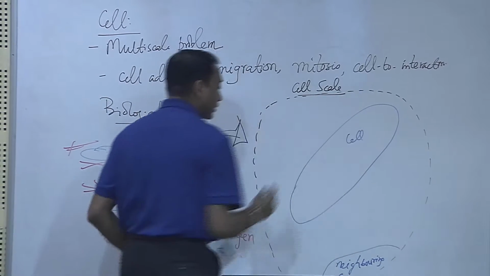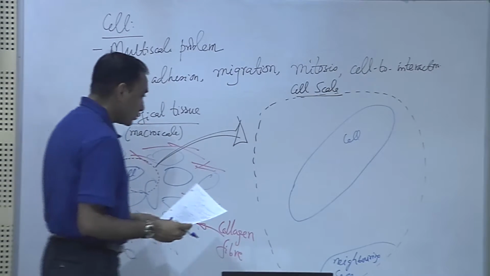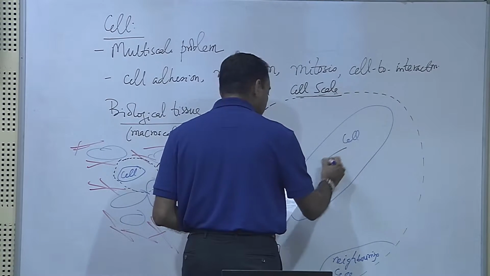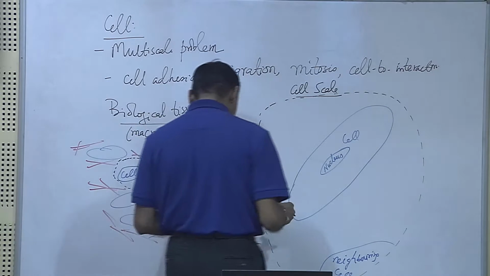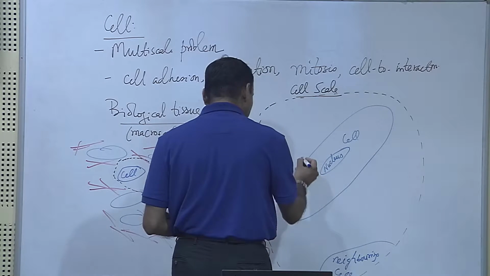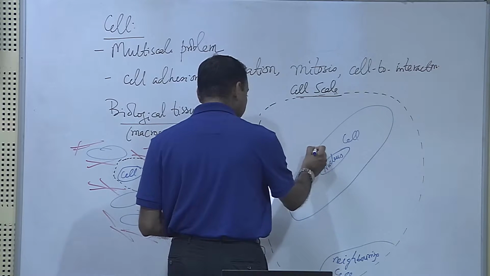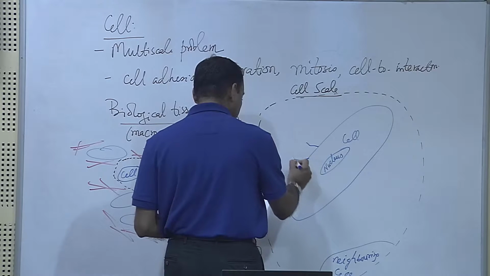This is the cell, and it will typically have a nucleus. Then it will have certain elements which I am drawing here.